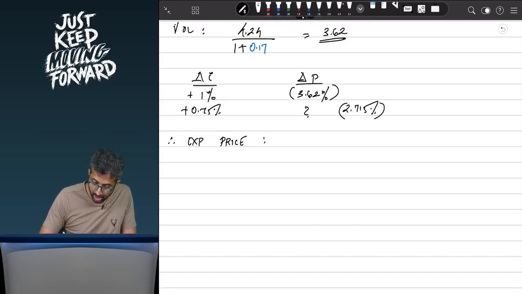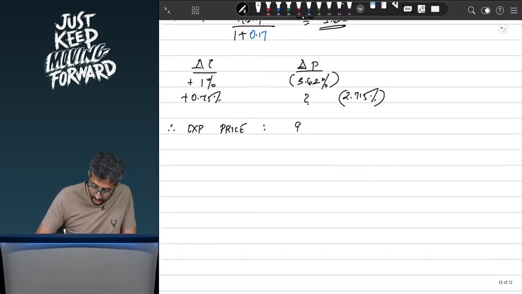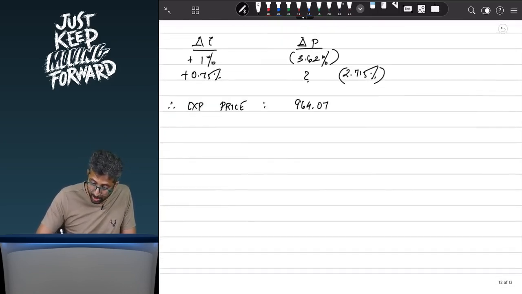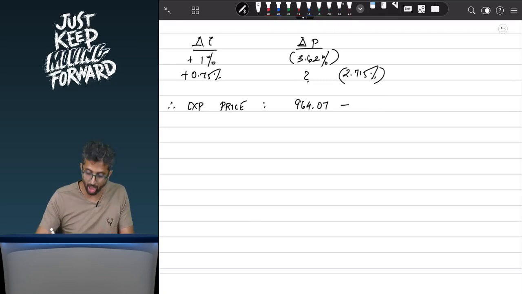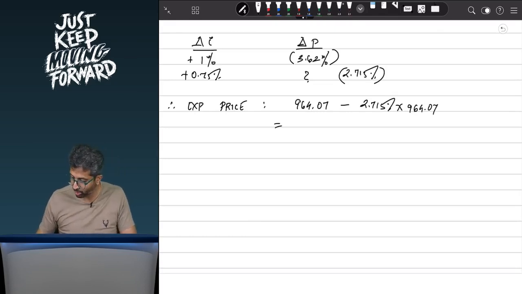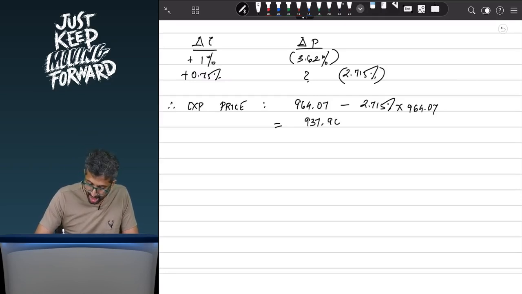Therefore the expected price would be, well, your existing price was 964. Remember, if the market rate of interest increases, the bond price has to fall, but it will fall by how much? Well, 2.715% of 964.07, and hence this will be 964.07 minus 2.715%, which comes to around 937.90.